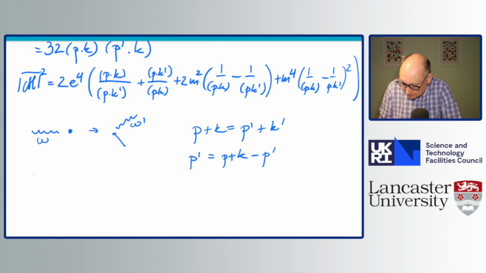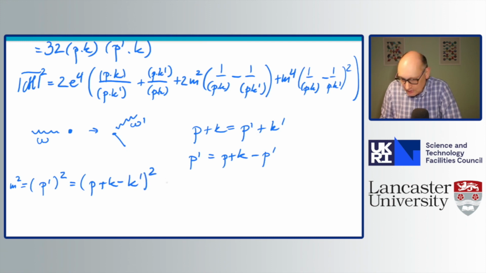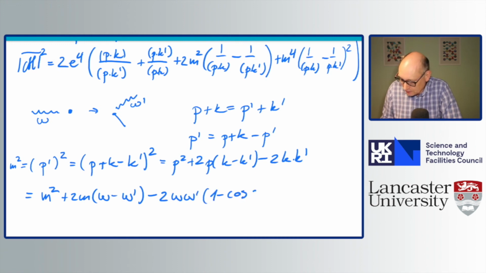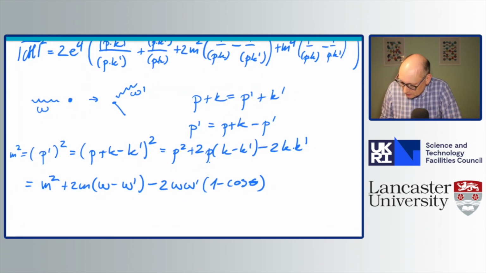So if we take P prime squared, that's m squared, that will be equal to P plus K minus K prime squared, which is P squared plus 2P dot (K minus K prime) minus 2K dot K prime, which we can evaluate as P squared equal to m squared, and with this choice of momentum as indicated in the figure in the lecture notes, plus 2m (omega minus omega prime) minus 2 omega omega prime (1 minus cos theta), because that P here only has the energy component.